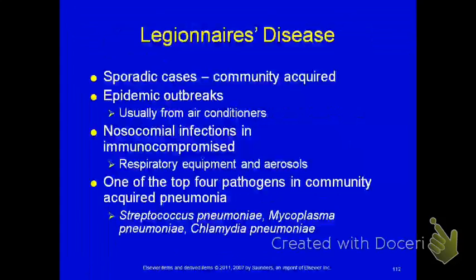So, nosocomial infection usually happens among the immunocompromised because of contaminated respiratory equipment and aerosols. It is one of the top 4 pathogens in community-acquired pneumonia. So, what are these community-acquired pneumonias? These include Strep pneumoniae, Mycoplasma pneumoniae, Chlamydia pneumoniae, and the fourth one is Legionella pneumophila.